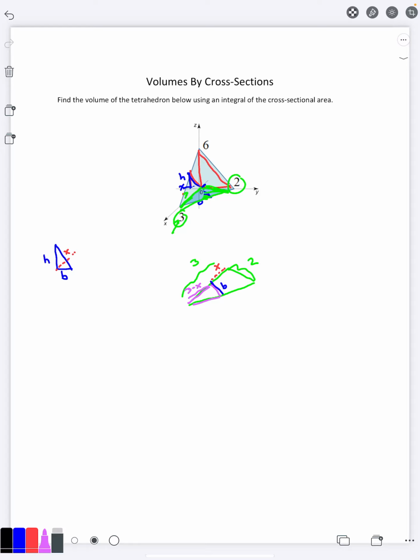And this purple triangle is similar to the green triangle, so I can say base over 3 minus x, so that side over that side, is equal to the same for the big triangle, 2 over 3. And so solving for the base, it's going to be 2/3 times (3 minus x). So that formula tells us how long the base is going to be at any given random point, for our cross-sectional area.